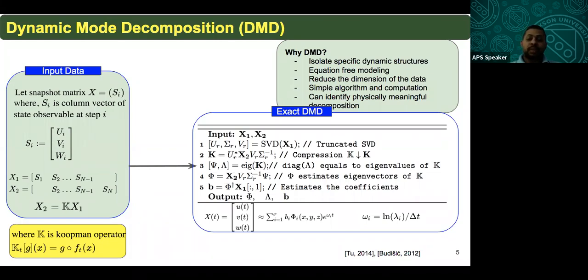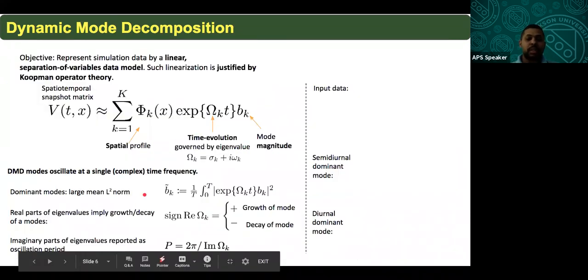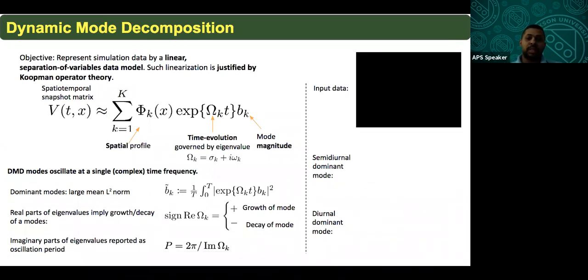This is a very simple algorithm. You can use MATLAB with 5 lines of code to implement it. But it is a very powerful tool because of Koopman analysis; we can justify this algorithm using the Koopman operator. So let me give you a little more detail about what this algorithm is.